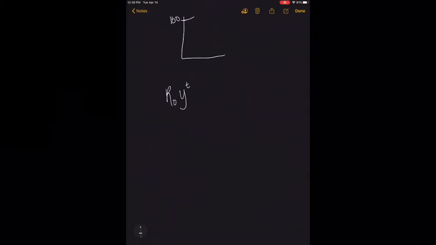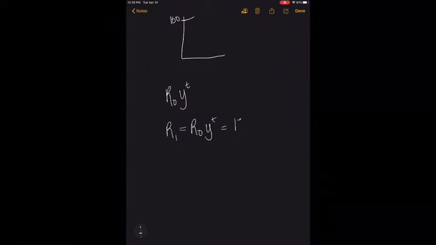So if you turn back to page 479, you can see at the end of year 1, it's going to equal r sub o y to the t. So r sub o is 150, that's how many rabbits he started with, times 2 to the first power, right?